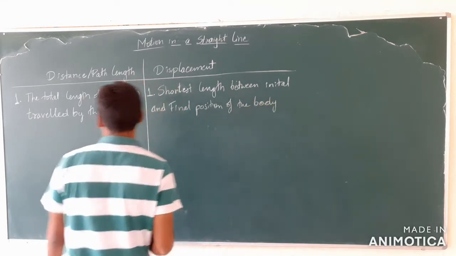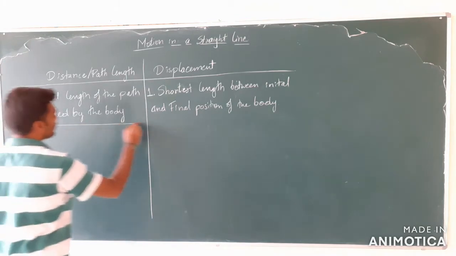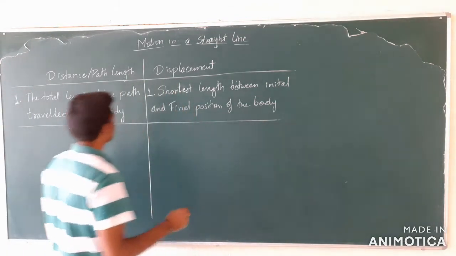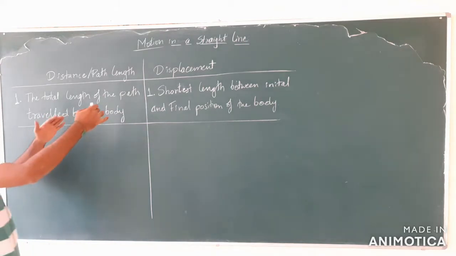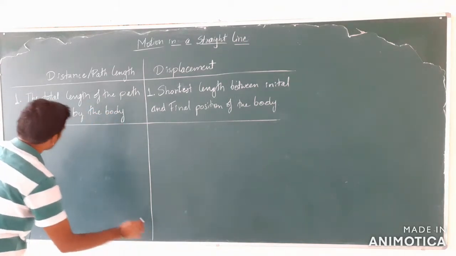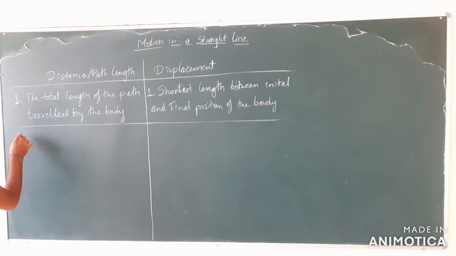So this is the first difference between distance and displacement. I have explained all of them. They are easy. You understood them. It is just the pattern which is important to observe now, the differences.